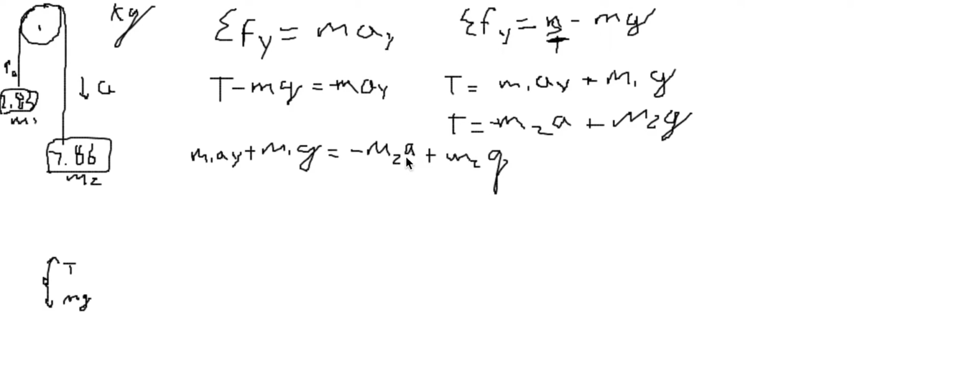Now we're going to try and solve for acceleration. So we're going to get these two on the same side. M1A plus M2A equals M2G minus M1G.